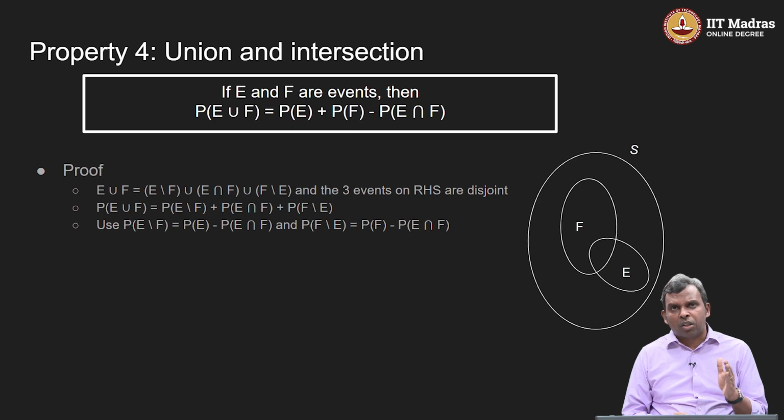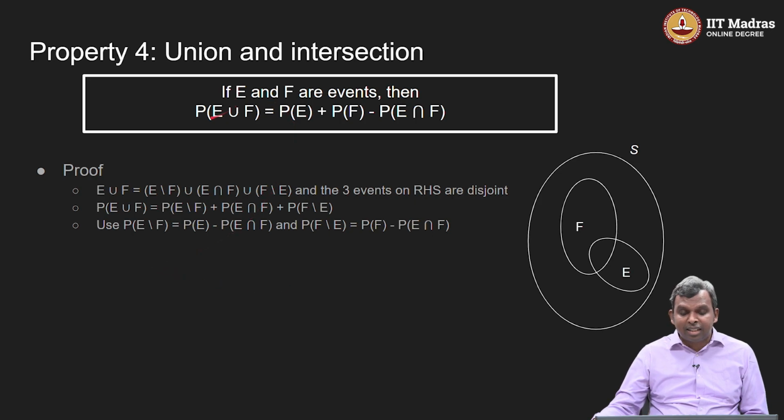Let me once again quickly recap. You had the two axioms which are always true for any probability function. The entire sample space is assigned a probability 1. If you have two disjoint events, the probability of their union is the sum of the two probabilities. This union and intersection result is an extension of axiom 2 to the general case where E and F are not disjoint.